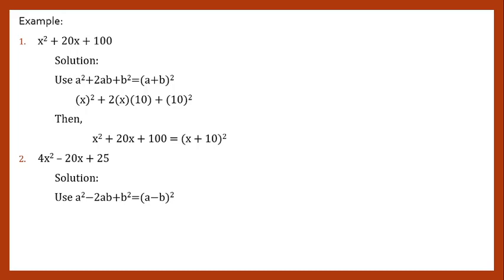So same process. Square root, just to get the square root of 4x squared, the first term, and then the last term is 25. So we have 2x and then 5. Square root lang. And then check for the middle term, replacing a as 2x and b as 5. Yung 2, constant yung 2 doon.